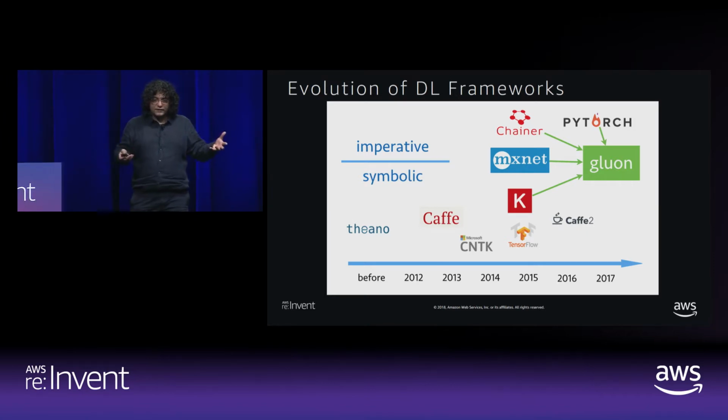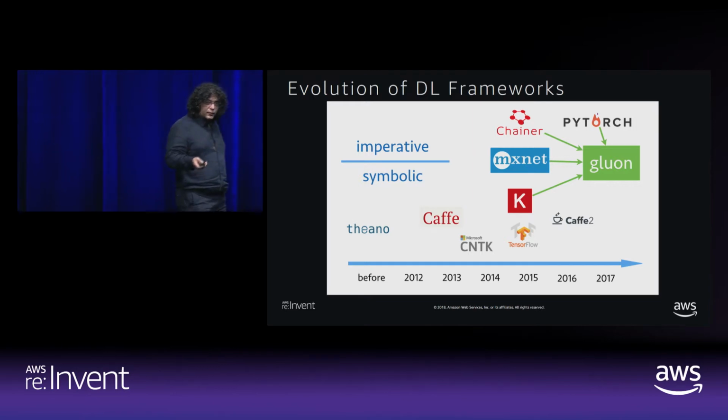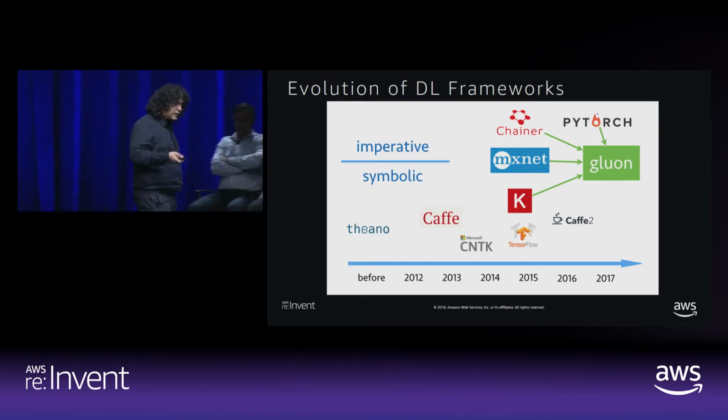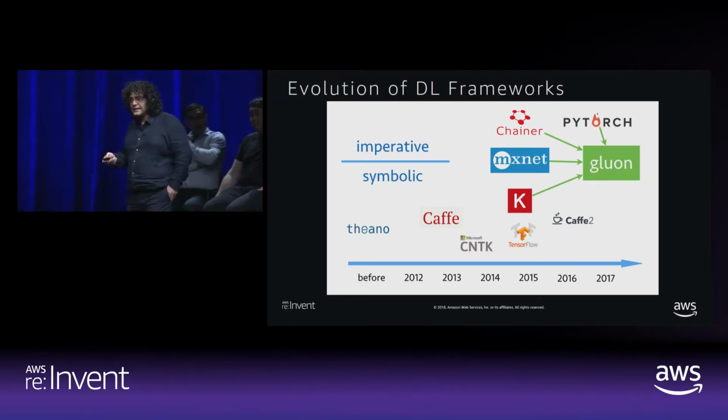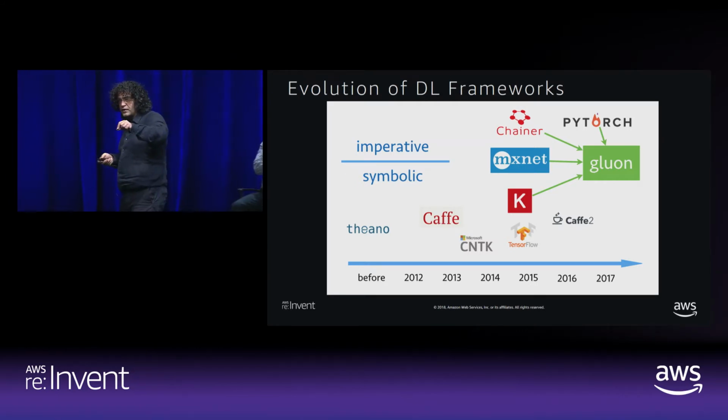Then came Gluon. We developed Gluon in 2017. We released it as a part of the Apache project to which I belong. And Gluon is a high-level API, very similar to PyTorch, but it has this thing that you can take your network and just say network hybridize. It suddenly changes from the imperative mood to the symbolic mood. So it combines the best of the two worlds.